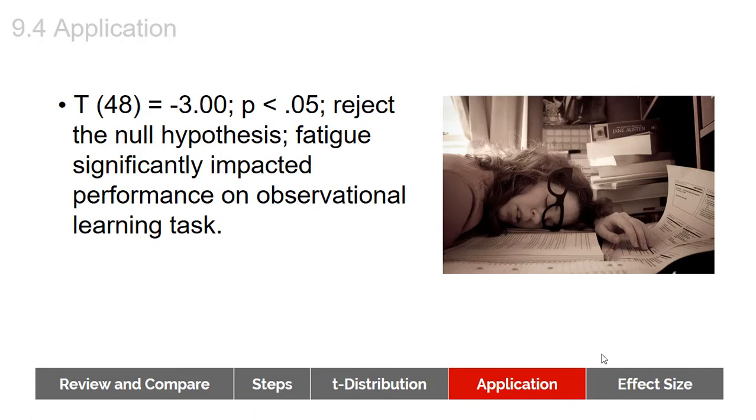The p-value that we found was less than 0.05, which meant that there was less than a 5% chance that we would find our t-value if the null hypothesis were true. In other words, our mean is so unusual that we're going to reject the null hypothesis. We're going to say, no, what's happening with our sample is very different from the normal population.